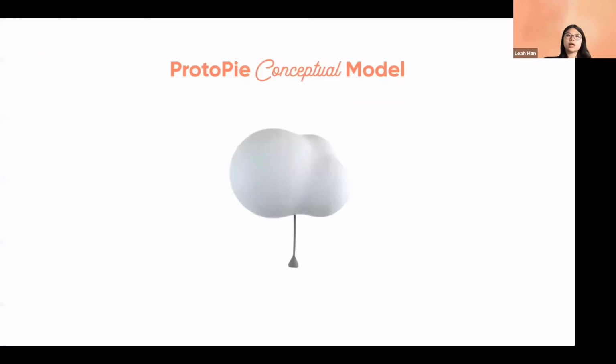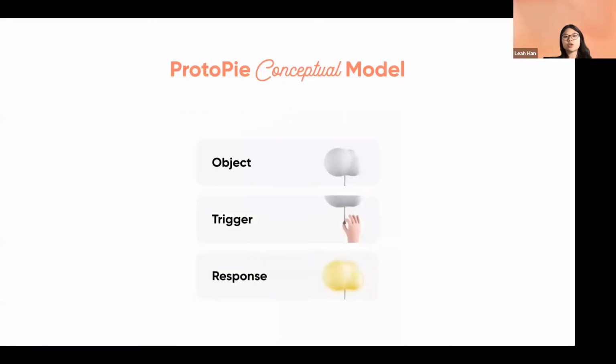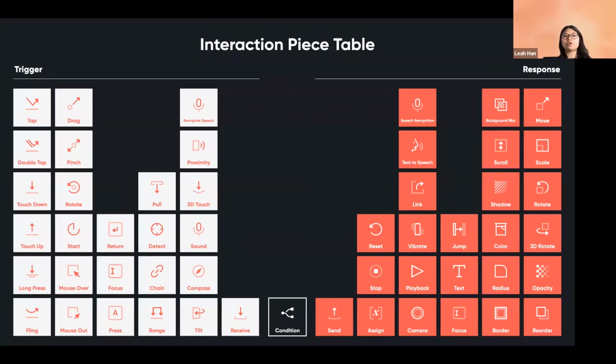So before we start today's workshop, let's quickly go through what we learned last time. Last time we introduced the conceptual model of ProtoPie, saying all interactions are composed of triggers, responses, and objects. In ProtoPie, we provide all those triggers and responses to you.